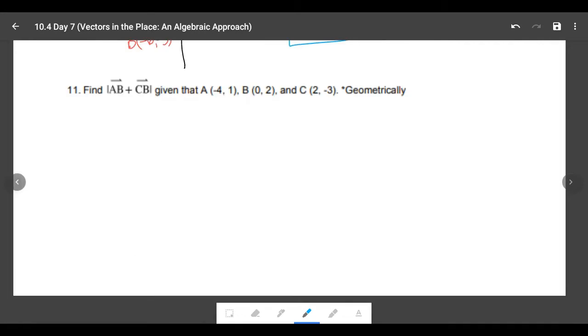For a problem like number 11, it's telling us to find the magnitude of vector AB plus vector CB, given these 3 points. It tells us to do it geometrically, so we're going to do that first, and then I'll show you how to confirm that algebraically. Because we are going to do this geometrically, it will be easiest to start off with our coordinate plane.